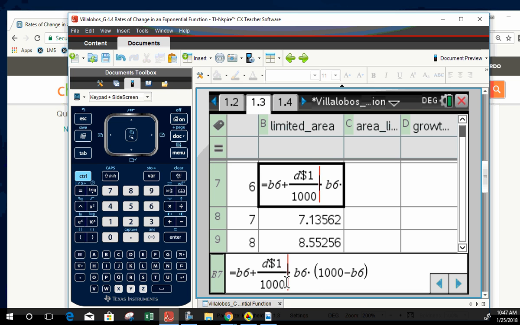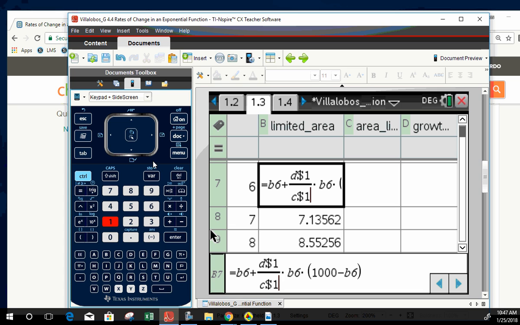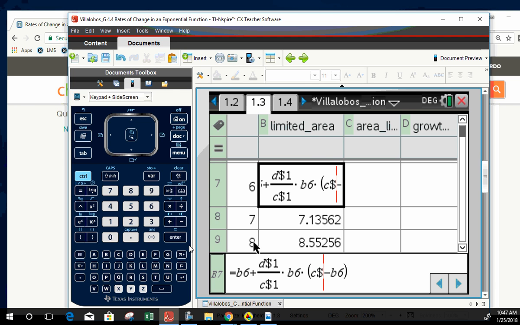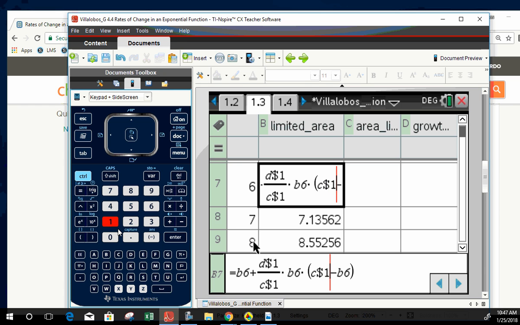And the 1,000 is located in C1, so backspace there: C, dollar sign, 1. And move over to this and delete that, and it's C, dollar sign, 1. That should work as well.